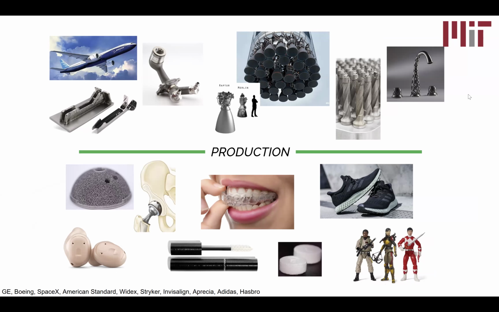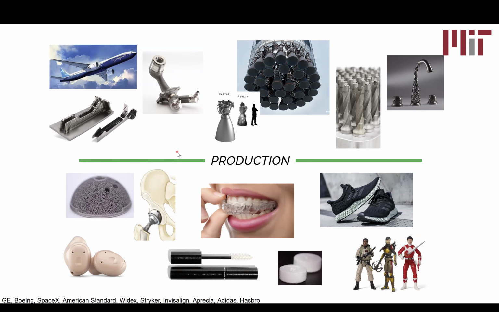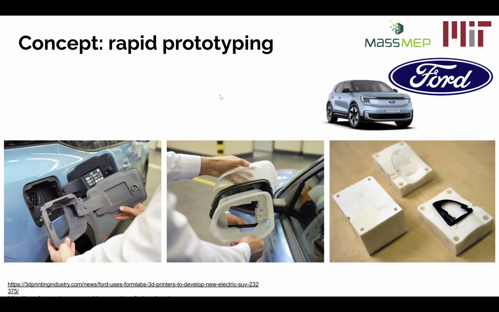And here you see a lot of different examples, like biomedical parts, like the acetabular hip replacement, the Invisalign retainer that we talked about, the Chanel brush, but also parts of airplanes, and we will touch upon some of these examples. So these are components that we can already see in our everyday life, which are actually printed. So they are full production.